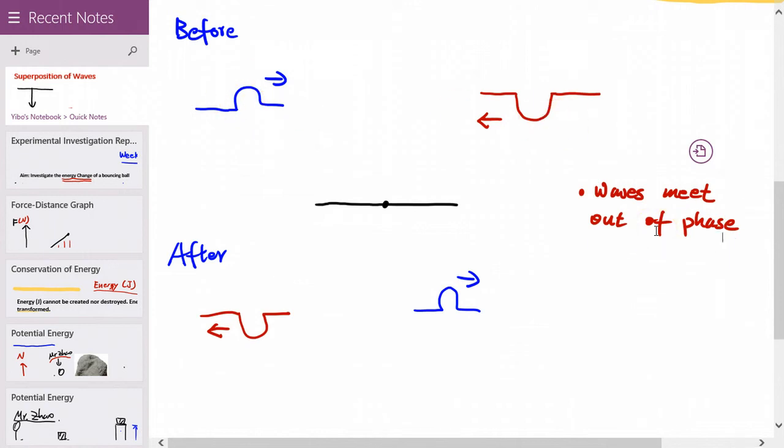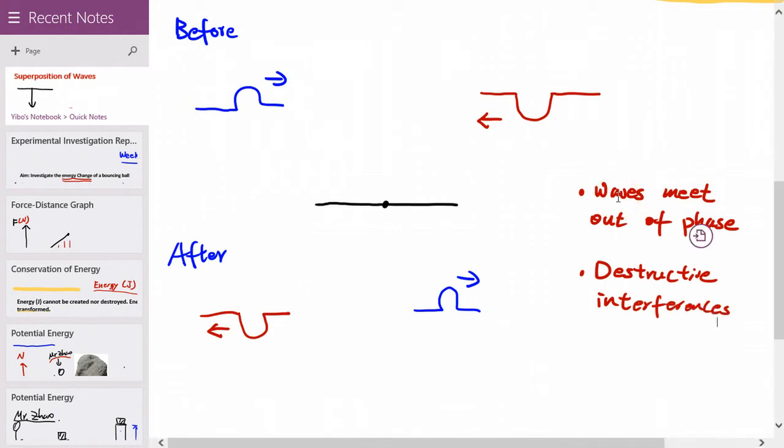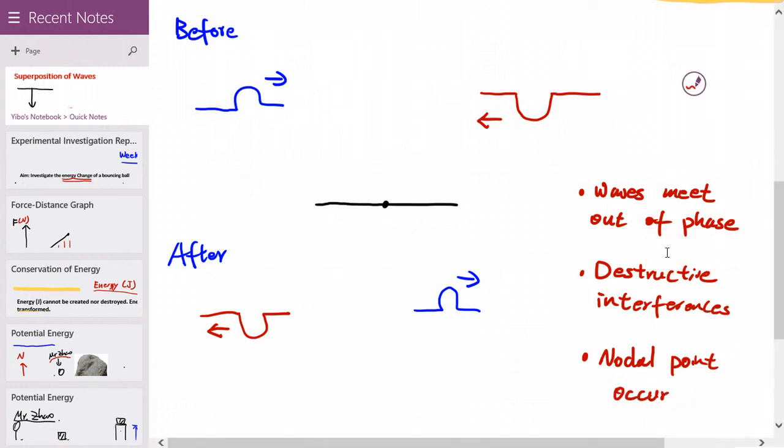They meet out of phase, so we have destructive interference. As a result, in the middle, we have nodal points occur, which means the waves actually cancel out each other.